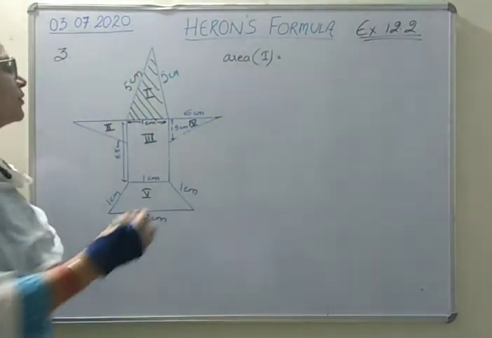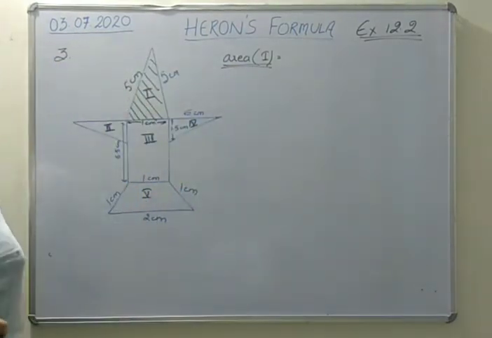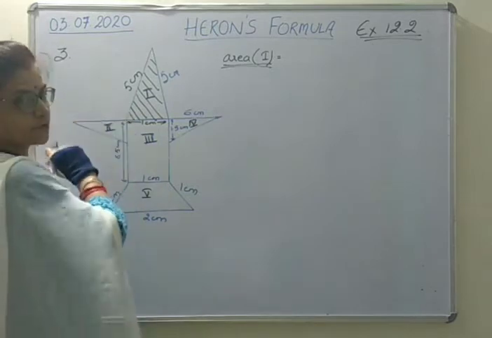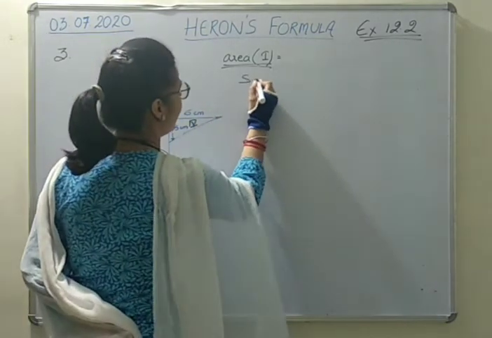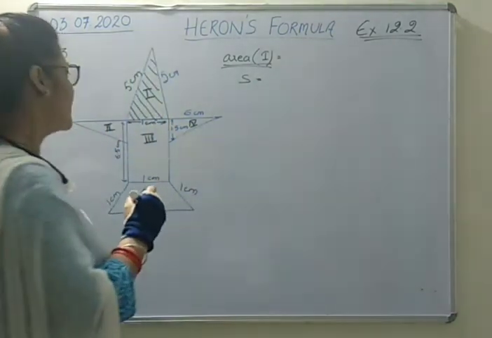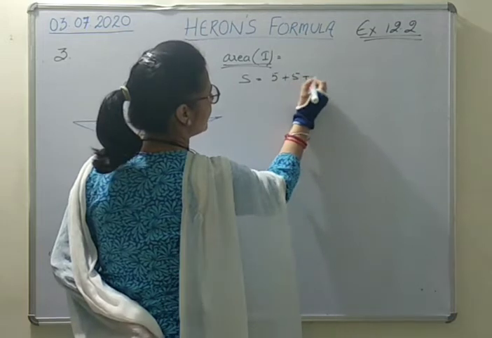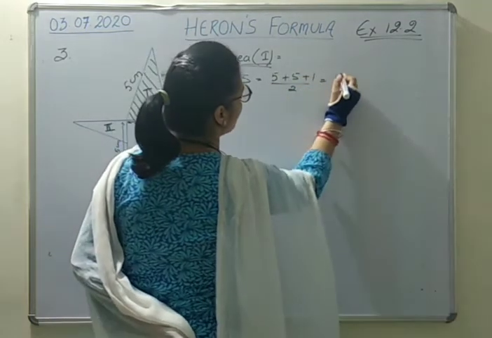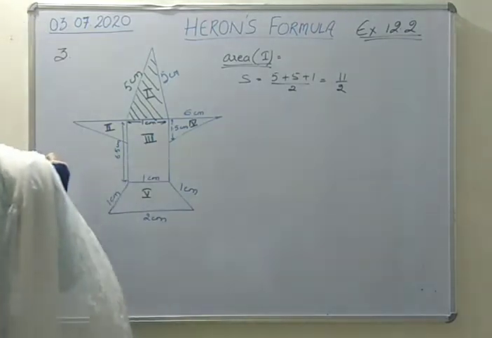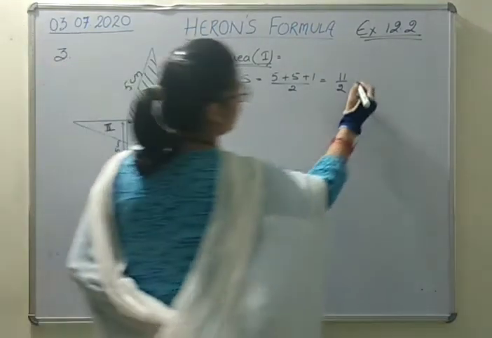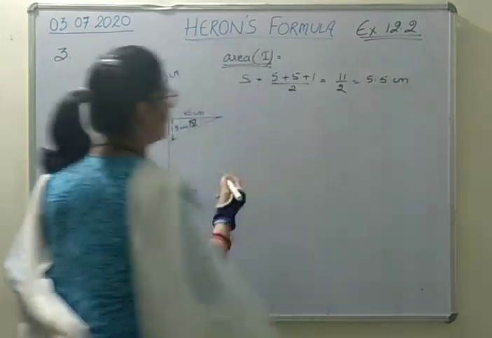Part 1 is a triangle, so we will apply Heron's formula. And to apply Heron's formula, first we have to find S. Now what is S? It will be (5 plus 5 plus 1) upon 2. So 11 upon 2, which is equal to 5.5 centimeter.